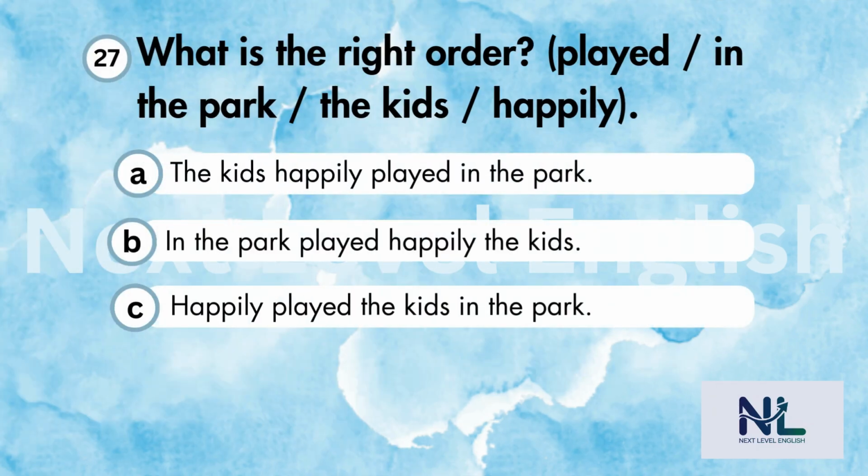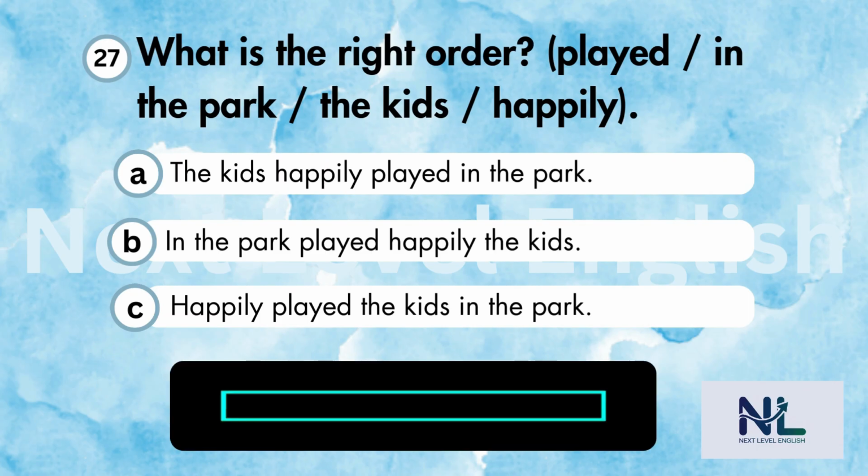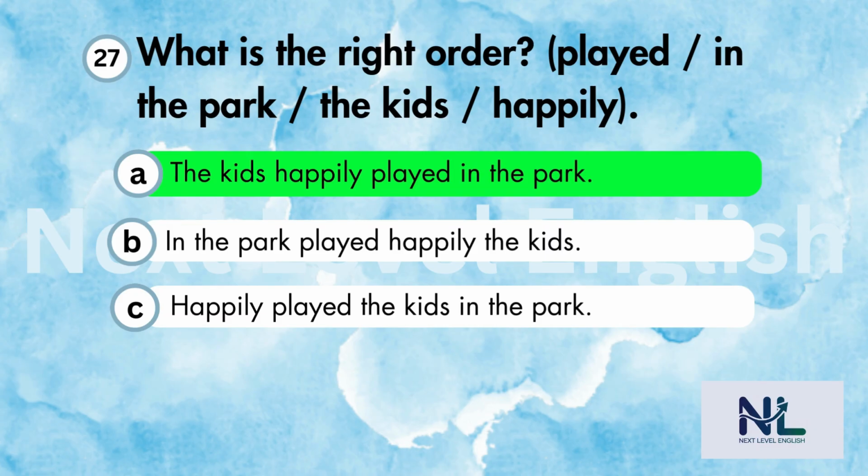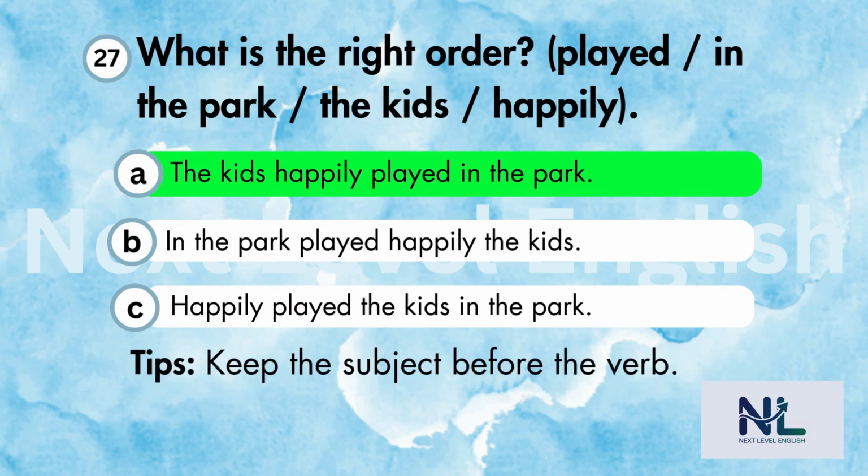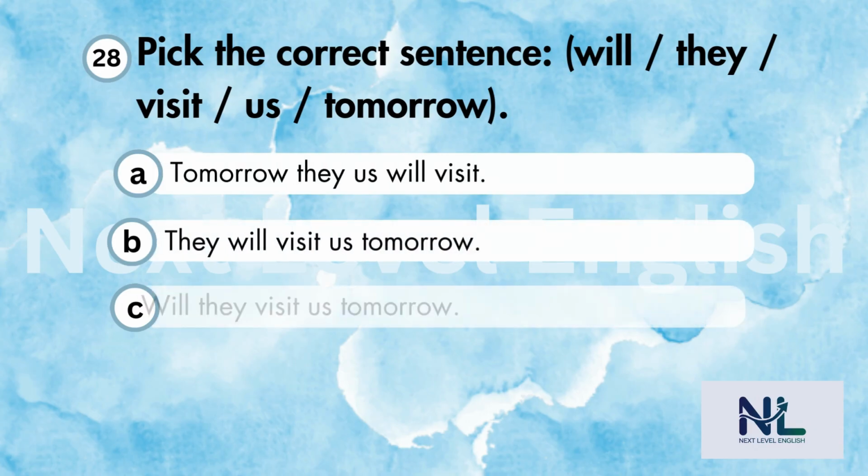27. What is the right order? Played in the park, the kids happily. The kids happily played in the park. Tips: keep the subject before the verb. 28.